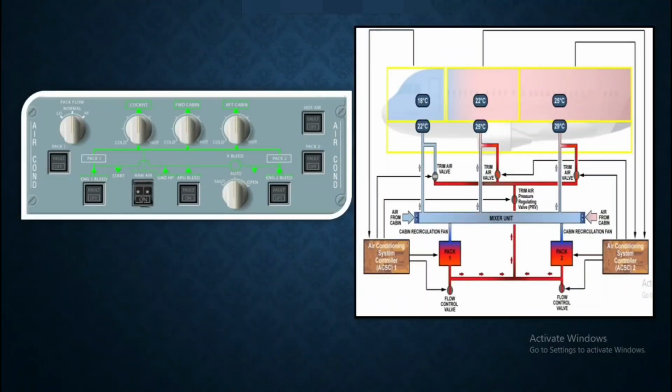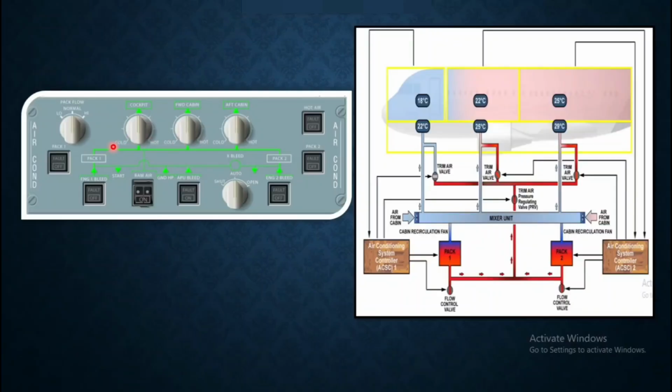Here we'll discuss the air conditioning panel available on the overhead panel. You can see the name of the chapter, air conditioning, and what controls correlate with this. The first point is the zone control selector, that is cockpit zone, forward cabin zone, and aft cabin zone. So one for cockpit, forward cabin, and aft cabin.